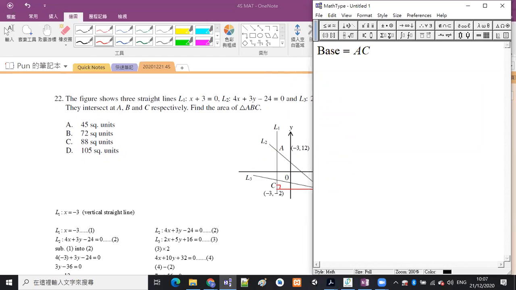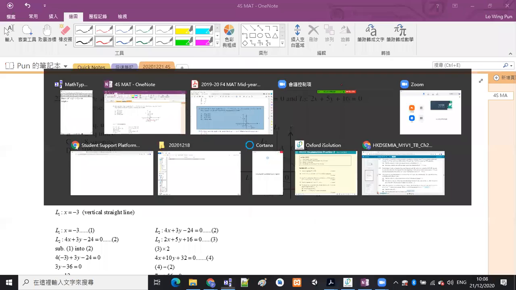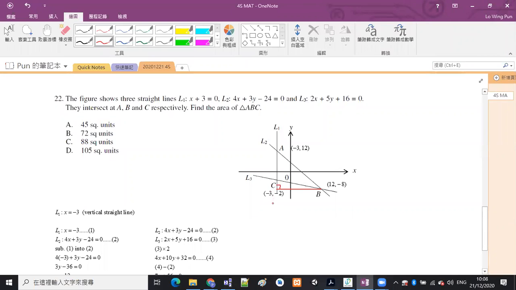So the base is equal to AC, and because it is vertical, it should be just equal to the upper y coordinate minus the lower y coordinate. That is 12 minus -2, which is equal to 14. And then the height should be equal to BD, let me call this point D. Because BD is horizontal, it is equal to the difference between their x coordinates.